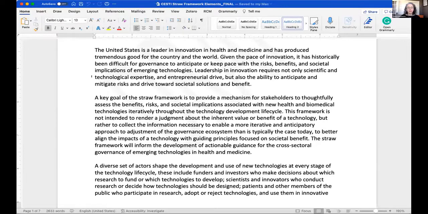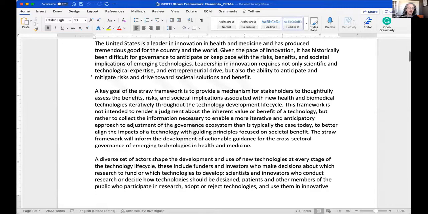Importantly, these straw framework elements are not intended to render a judgment about the inherent value or benefit of a technology, but rather to collect the information necessary to enable a more iterative and anticipatory approach to adjusting a governance ecosystem than is typically the case today, and to better align the impacts of a technology with guiding principles focused on societal benefit.